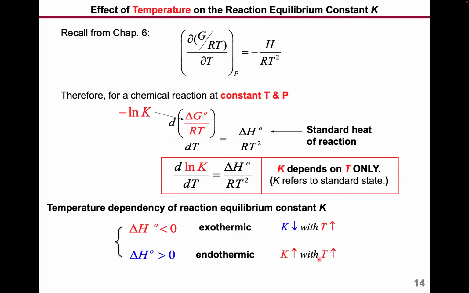When T increases, you actually increase the reaction equilibrium. So for an endothermic reaction, the equilibrium constant increases with increasing temperature, right? This is actually governed by Le Chatelier's principle, so we will talk about that in more detail in a few slides.